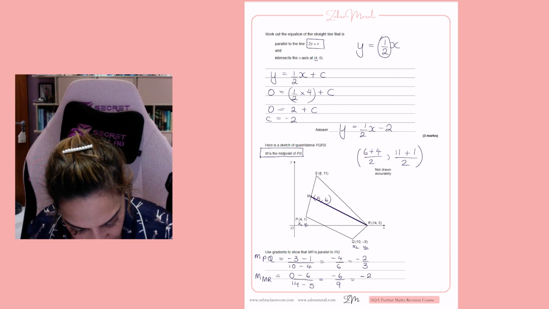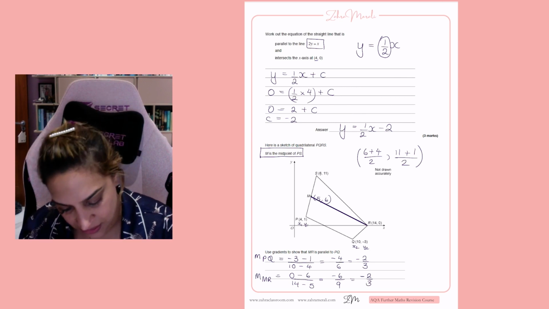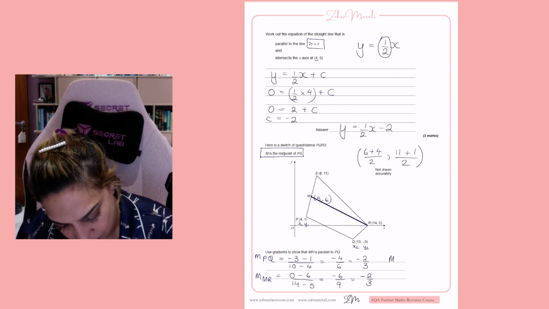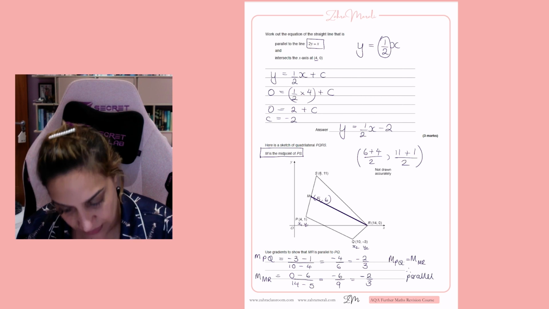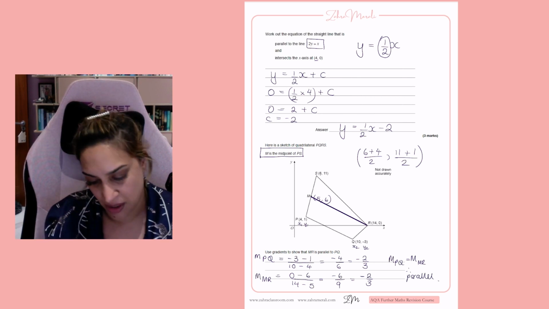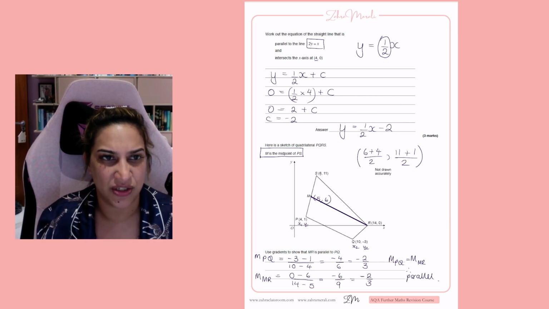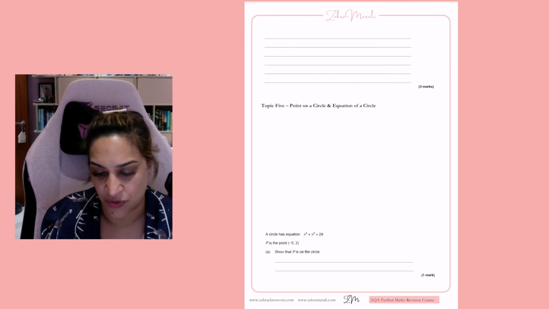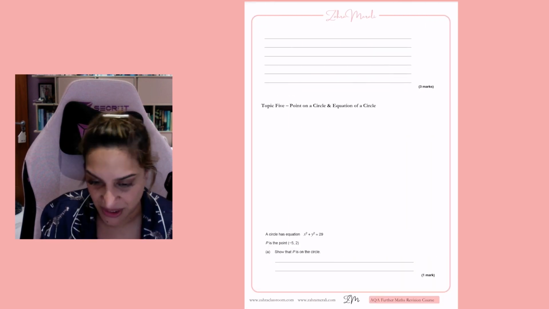That also cancels down to minus 2 over 3. And so you're going to say m_PQ equals m_MR, therefore parallel. And you've shown your work and got your marks. And I think this question in total was just 3 marks. Well, still, it was 3 marks.